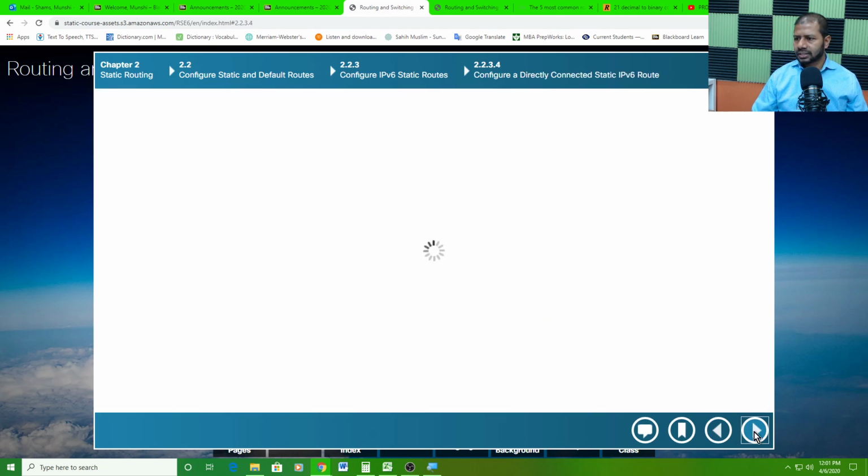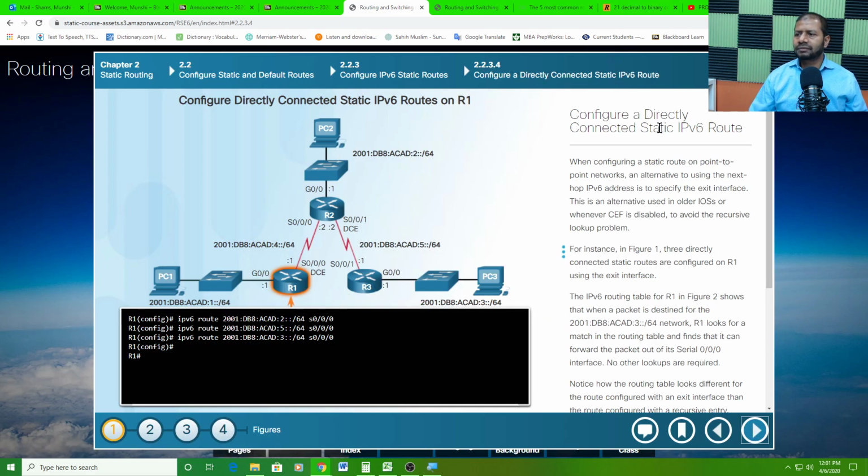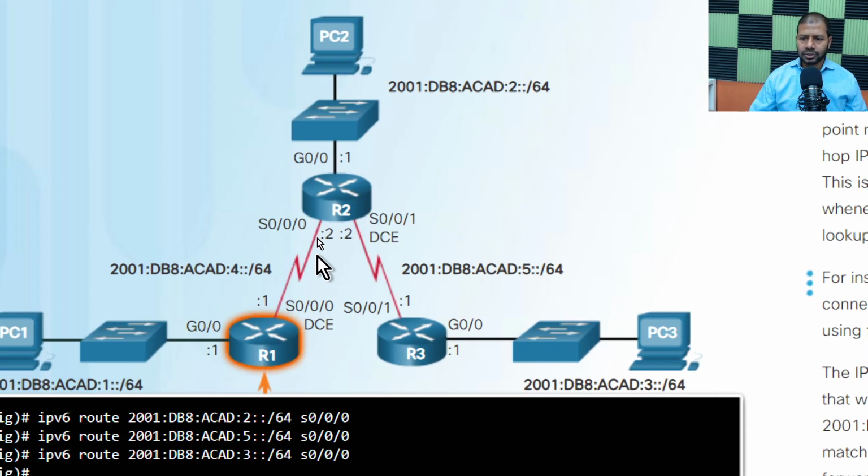Okay, next. Configure a directly connected static IPv6 route. Since these two routers are directly connected, it will be easy for me. I don't have to even write down the next hop router's address. Again, this next hop router, its address is colon 2. I don't have to write that.